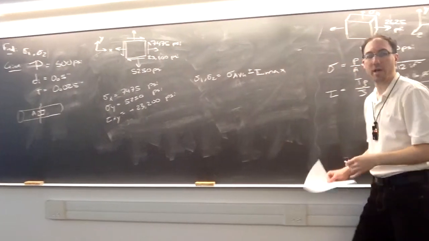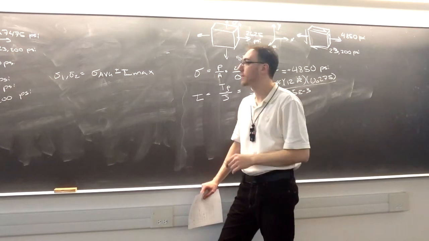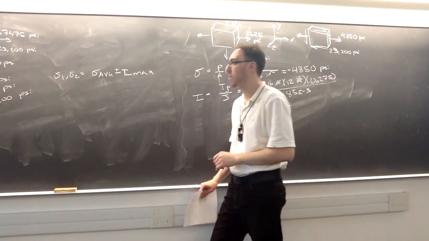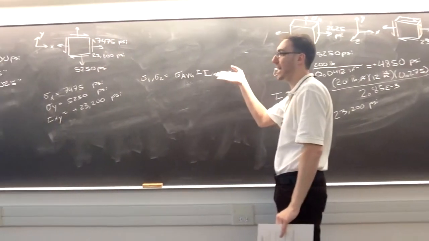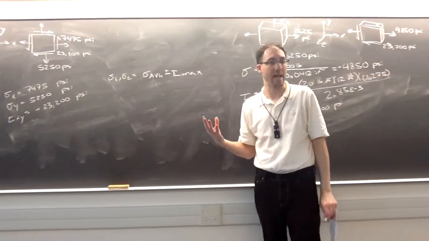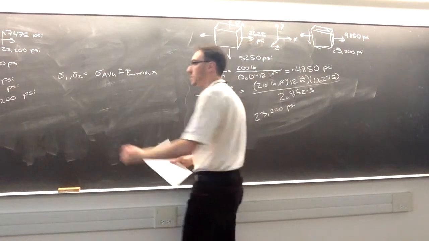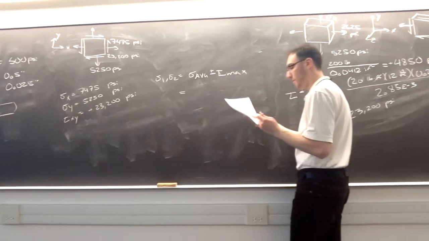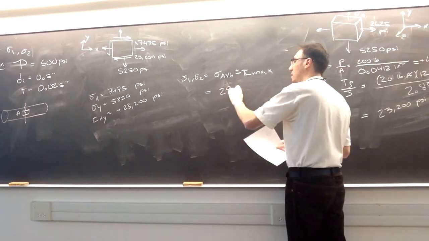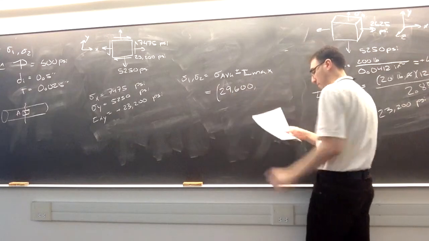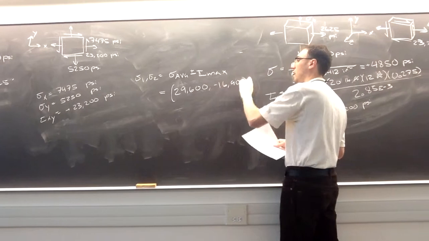I won't go through all the calculation steps, but sigma 1, sigma 2, I calculate the same way I did in the previous problems. I really don't need sigma average and tau max in this case because I'm not asked for the maximum shear stress, but I need them anyway to calculate the principal stresses. I get values here for the principal stresses of 29,600 and negative 16,900 psi.